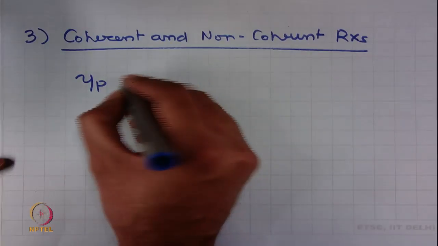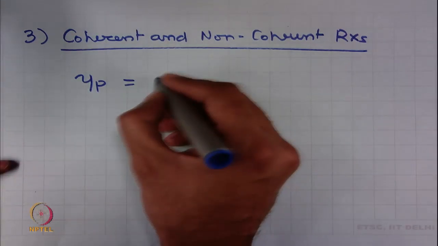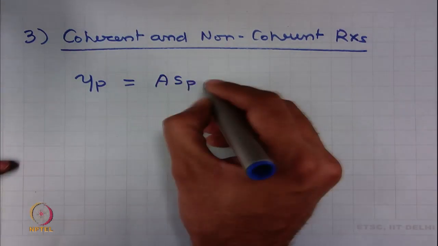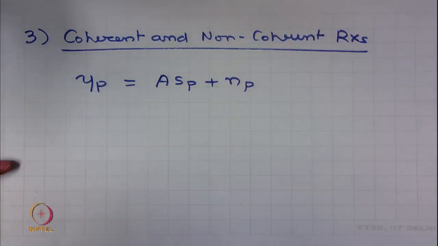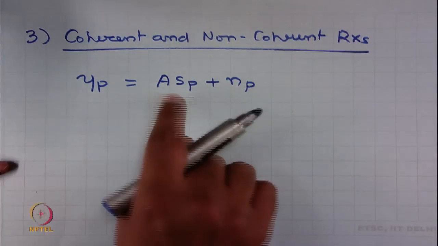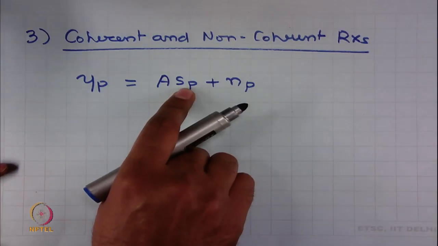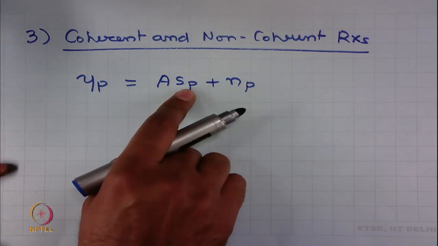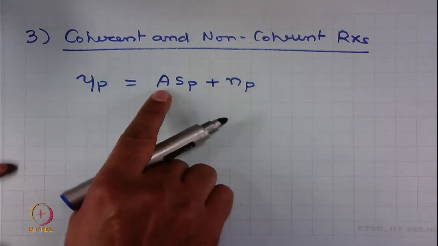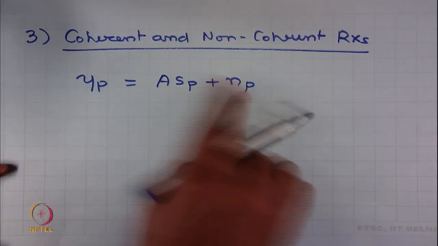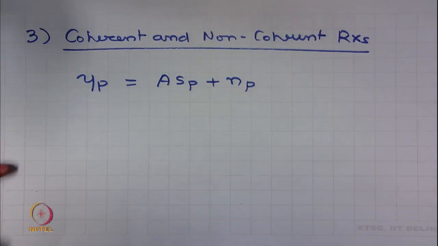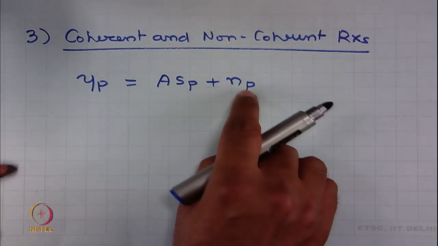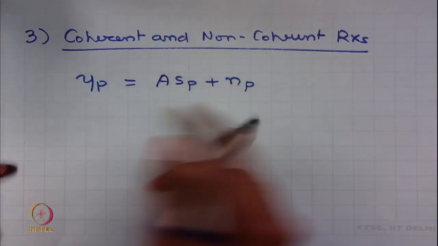So, let us say we are receiving some A SP plus NP. So, this is a passband signal. We are receiving something that was transmitted, that is SP, we have multiplied it with some constant A, and to this what we add is a noise. As you can see that noise adds to the signal.